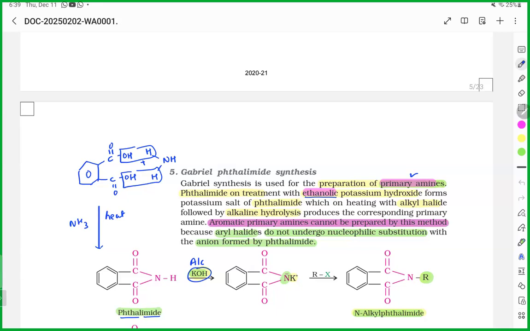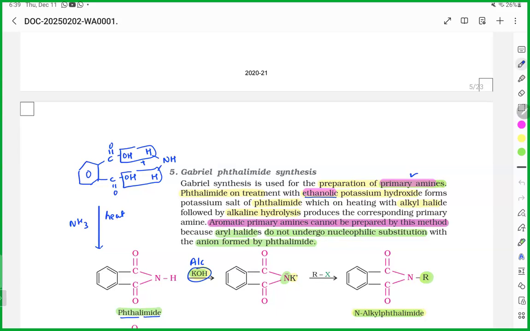So, for example, if ammonia is added to the alkyl halide, what will be the product? Alkylamine. Primary, secondary, tertiary, or quaternary?